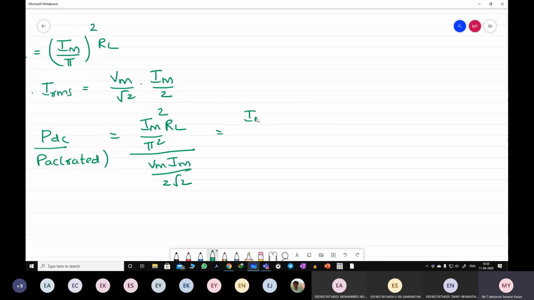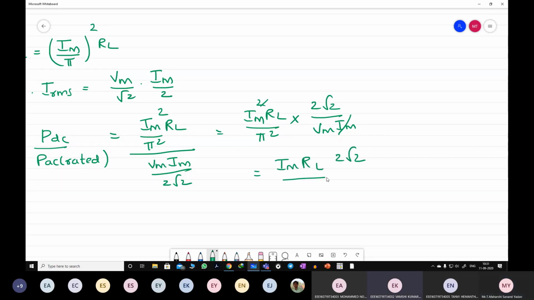So this will be something like this: Im square RL by, how much you got? Yes, what is the answer? Im RL 2 root 2 by pi square Vm. Okay. And what about that note which we have followed?